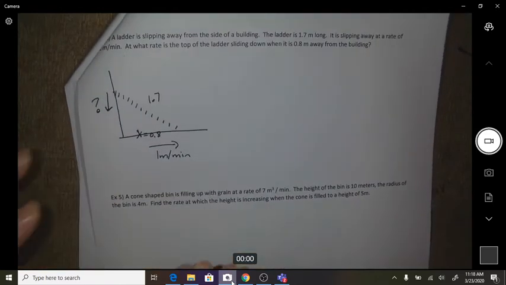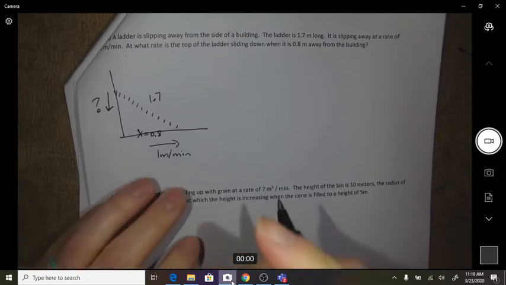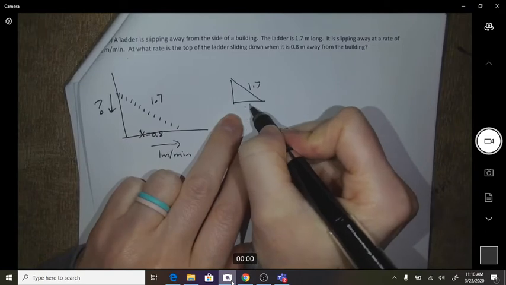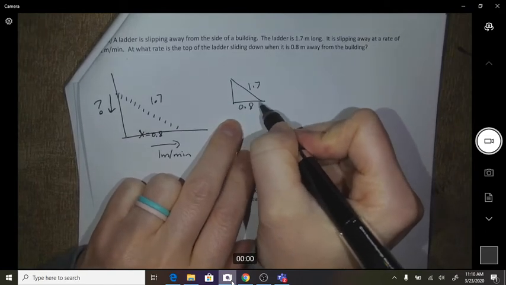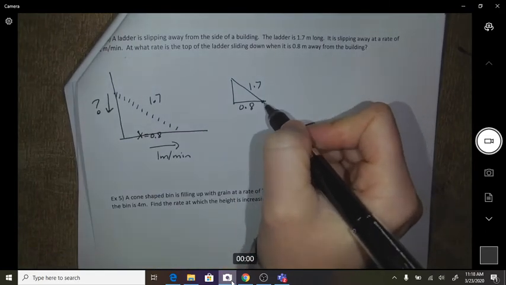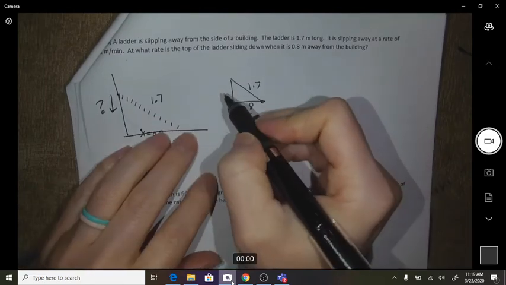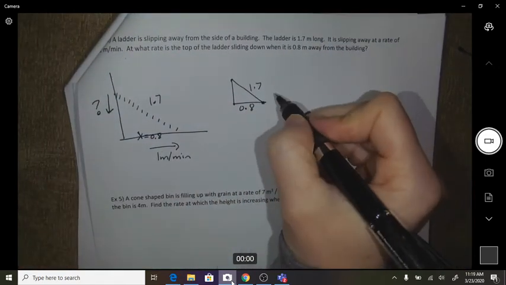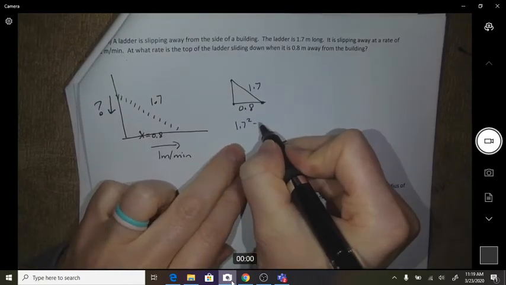Okay, so let's figure out our triangle. So when our ladder is 0.8 meters away, what is the distance from the floor to the top? So Pythagorean theorem.